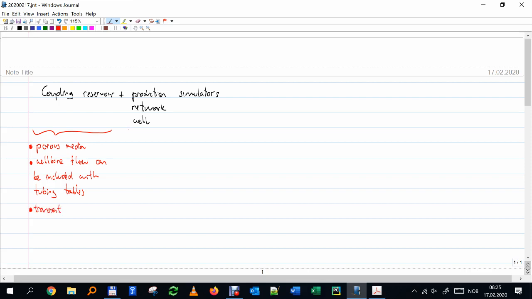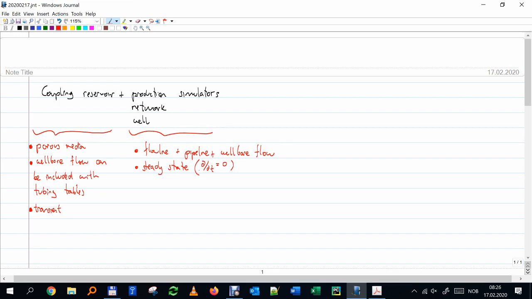Then you have the next part, which takes care of all the flow from the bottom of the well all the way to the separator. Here you have the flow line plus pipeline plus wellbore flow. It is typically steady state, which means the derivative with respect to time is equal to 0.